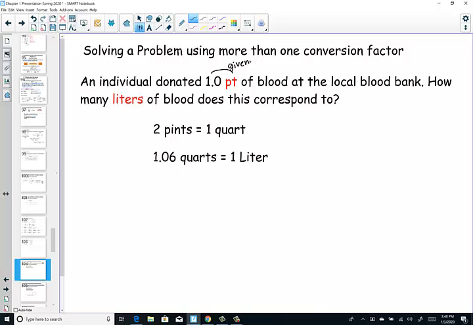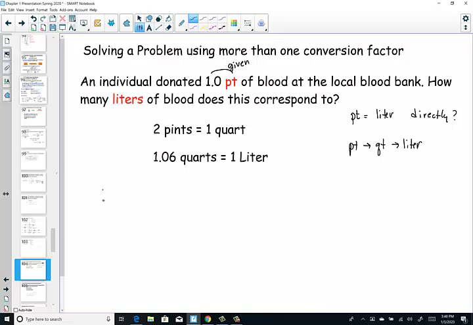Well, if I go into my chart where I provided you conversion factors, I don't see a pint to liter conversion directly. But what I do see is a pint to a quart and a quart to a liter. I find those equivalencies. So I see a pathway. Even though it's not a direct pathway, I still see one.